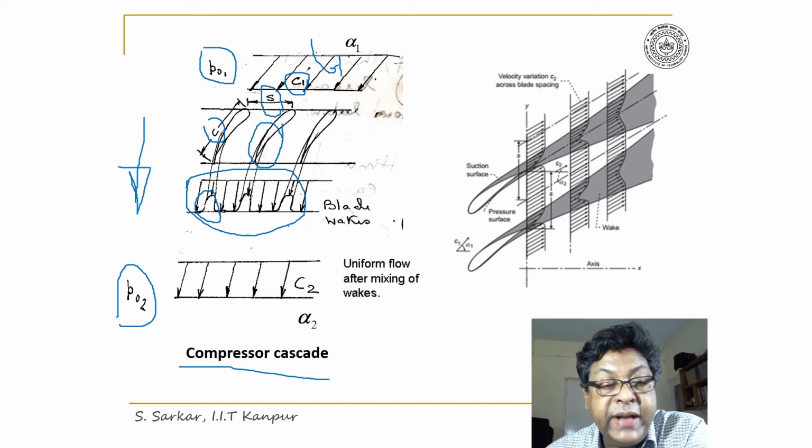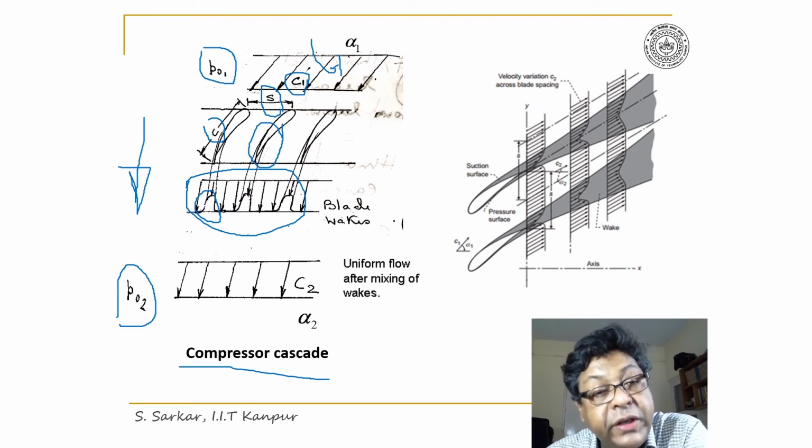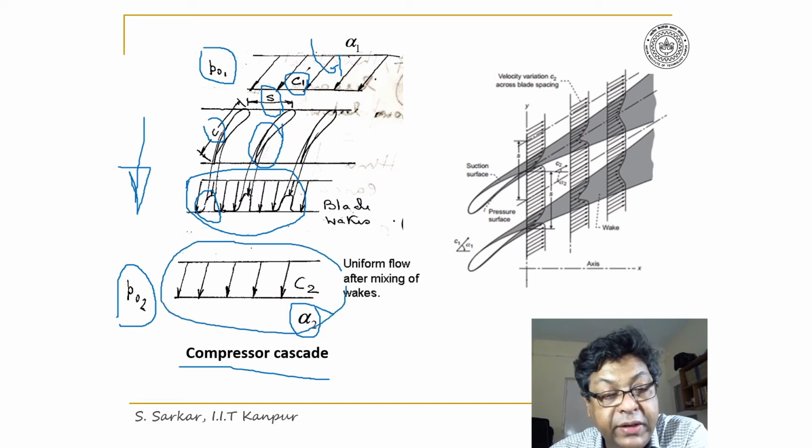Now, at a section far downstream, this wake will mix and we may get a section where the flow will be uniform here, again having a velocity C2 where C2 is less than C1 being a compressor, and alpha 2 will be less than alpha 1 at a section far downstream where the flow again becomes uniform, right?